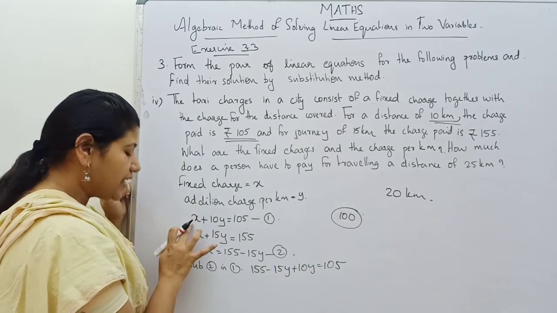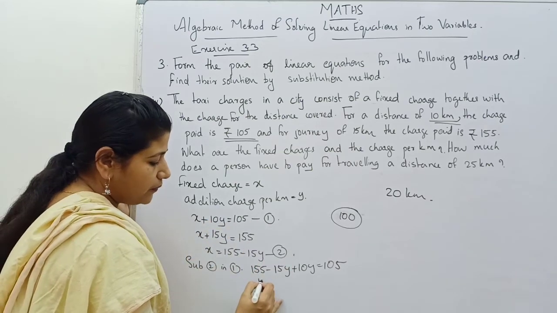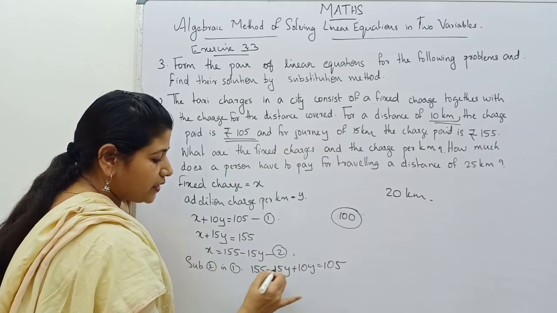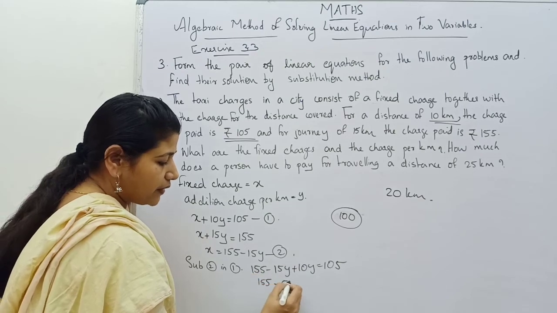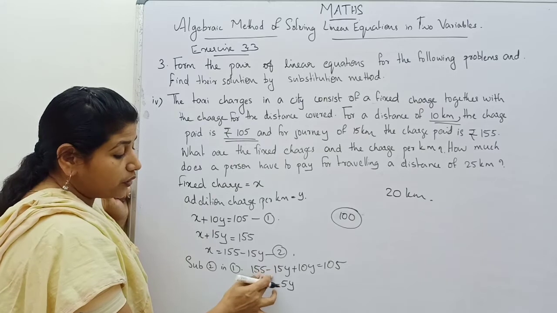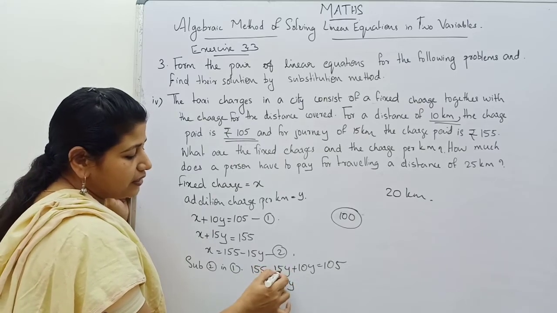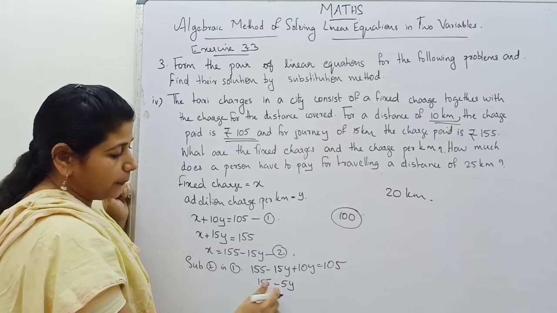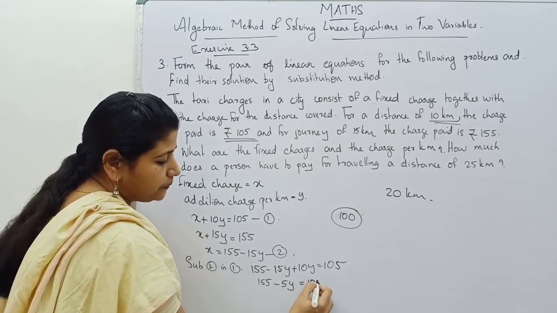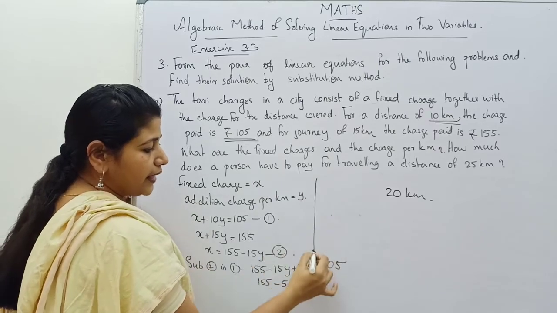Here minus 15y plus 10y is minus 5y. Subtract the smaller from the larger, and put the sign of the larger one. So 15 minus 10 is 5, and the larger has the negative sign, so I put negative here. This is 105.